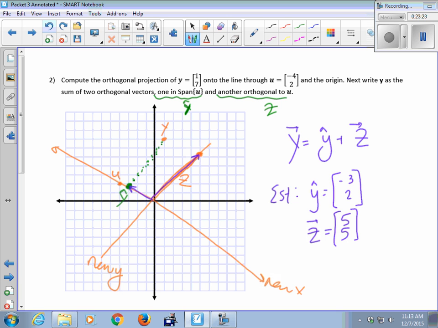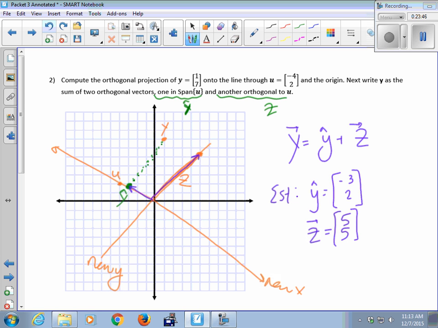If I add y hat and z together right now, do I get 1, 7? No, right? That's my goal. I want to come up with a y hat and z that are orthogonal to each other, perpendicular, like the new x and y axis. So they have to be orthogonal, and they have to add up to 1, 7. Right now, they add up to 2, 7, which is pretty close.